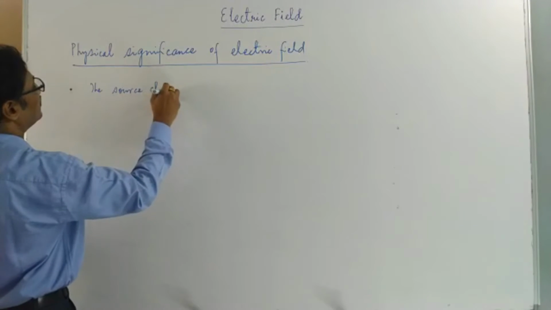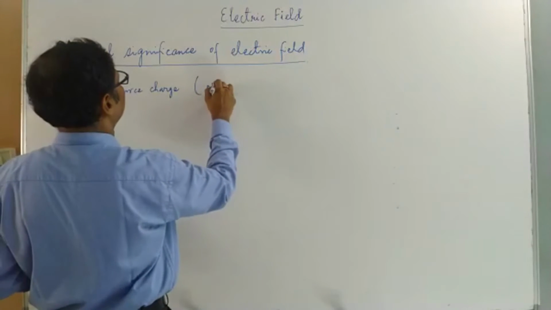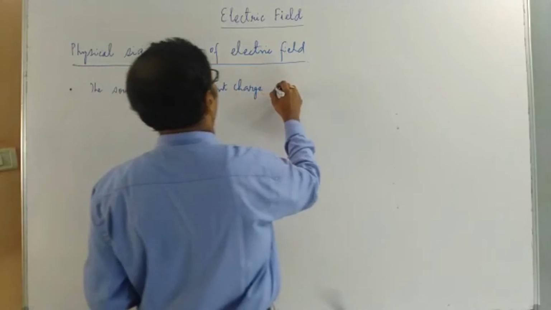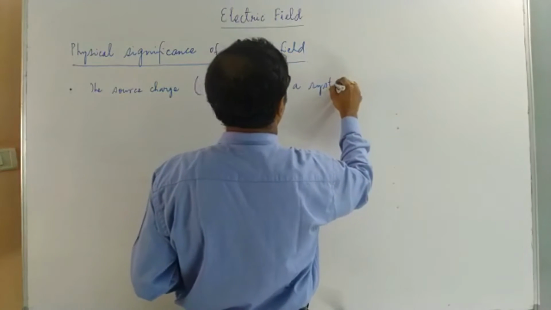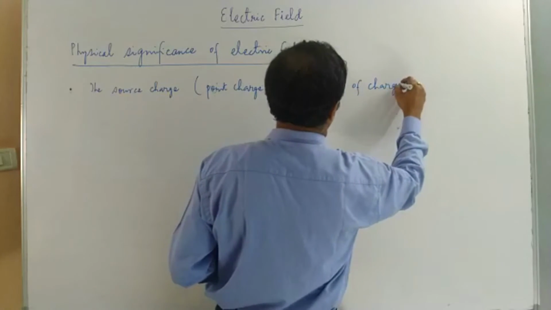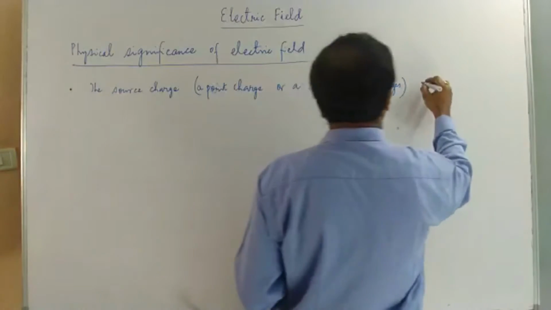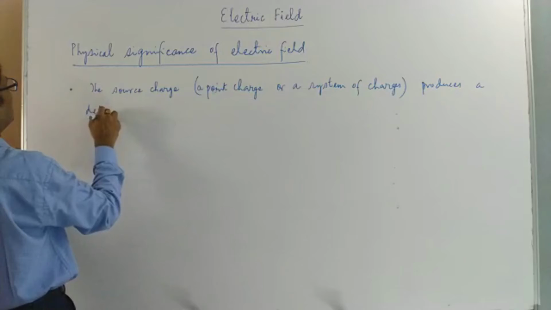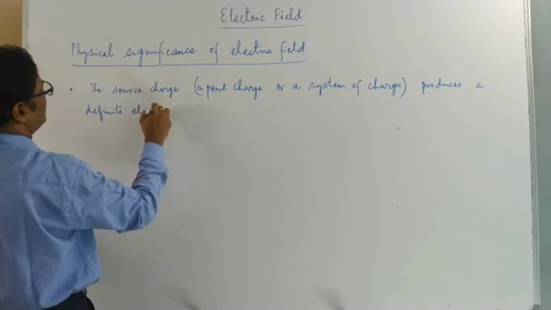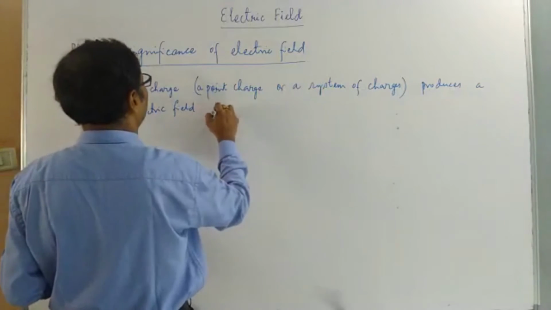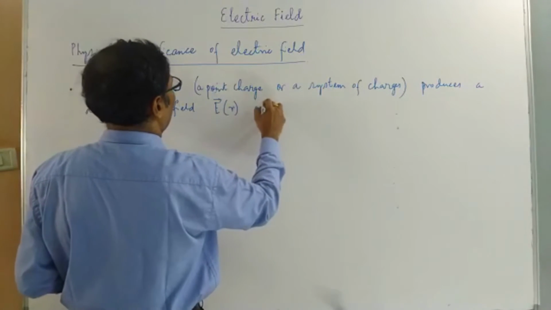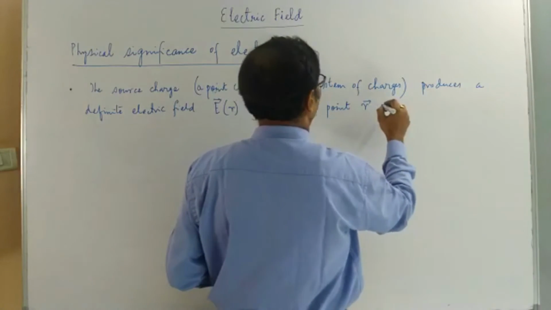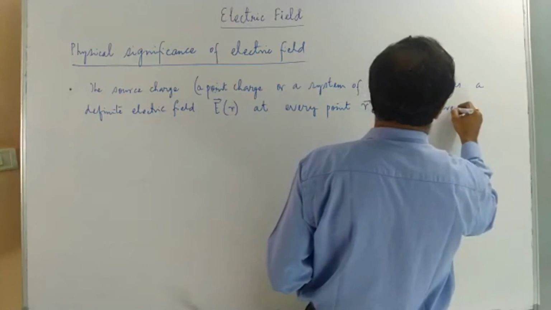The source charge, which may be a point charge or a system of charges, produces a definite electric field E(r) at every point r in the three-dimensional space.